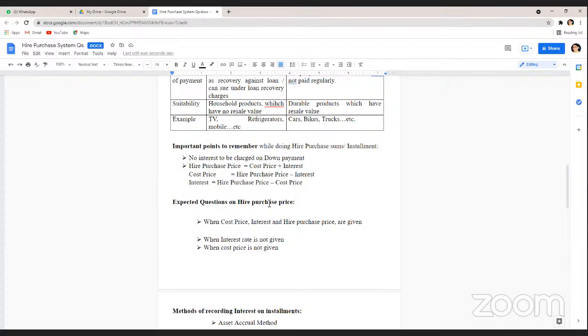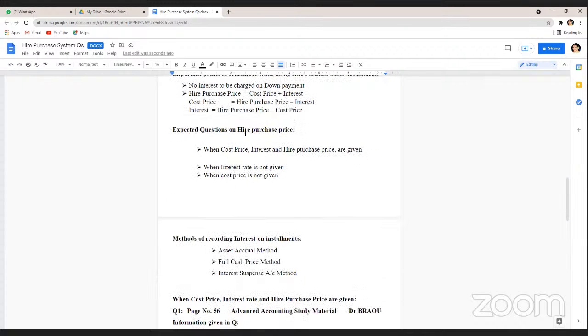Okay. Now coming to the expected questions on the hire purchase system. Generally, a simple question you can expect most of the times in the examination is where you have been provided with the cost price, interest rate, and hire purchase price, and are asked to pass the journal entries in both the books. Then what are we supposed to do?